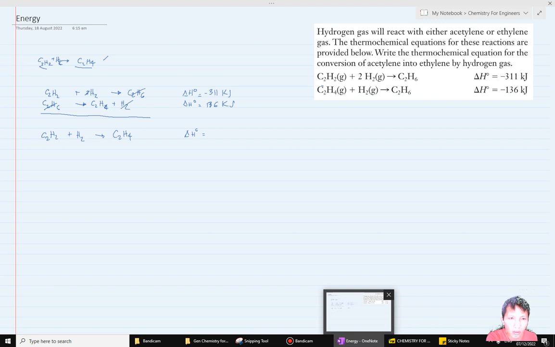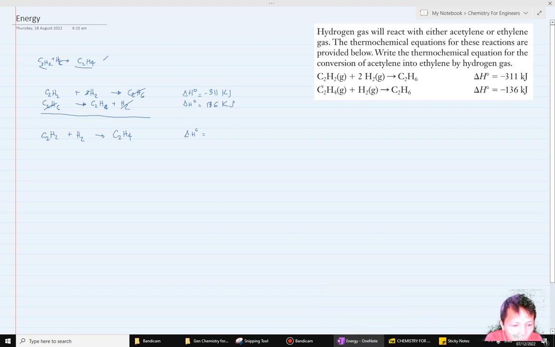So it's again an exothermic reaction, negative 175 kilojoule. So that would be our heat of conversion from C2H2 to C2H4.